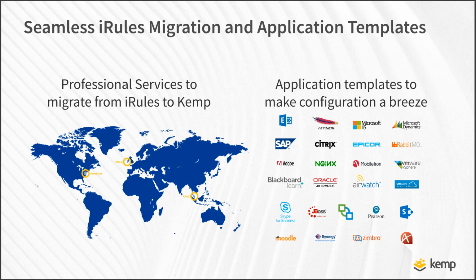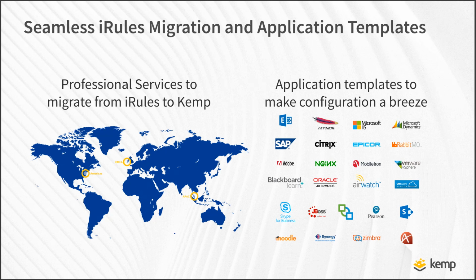And again, the great thing is, like I said earlier, most of these iRules that you're converting do not need to be custom configurations necessarily within a Kemp solution. They are part of the built-in product because we have built the product to provide that capability instead of leaning on customized functionality to provide that.